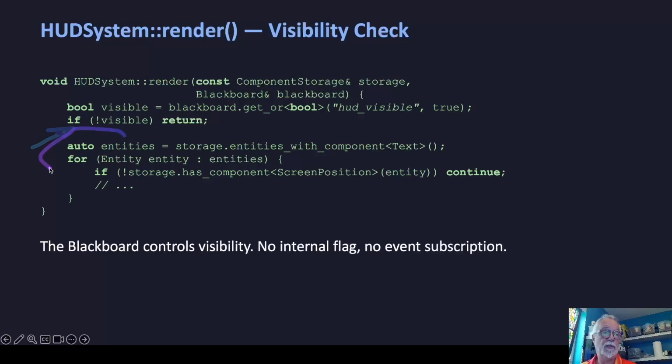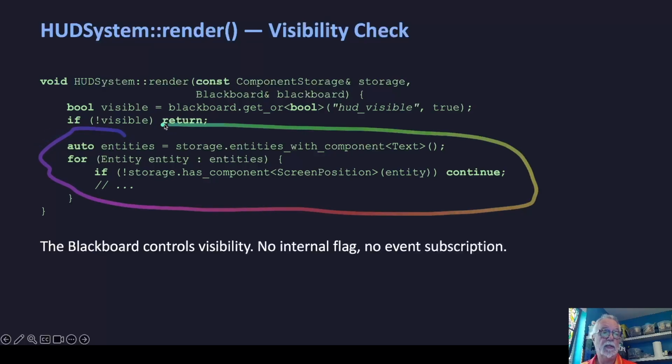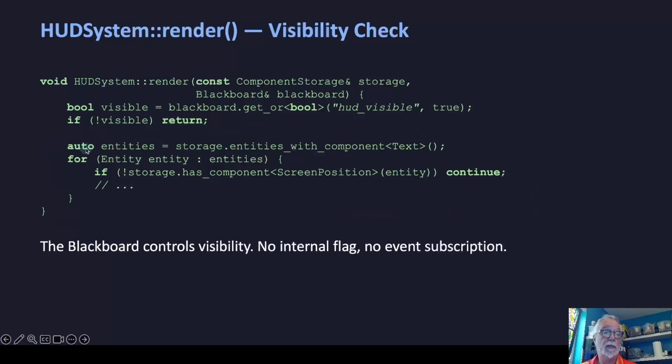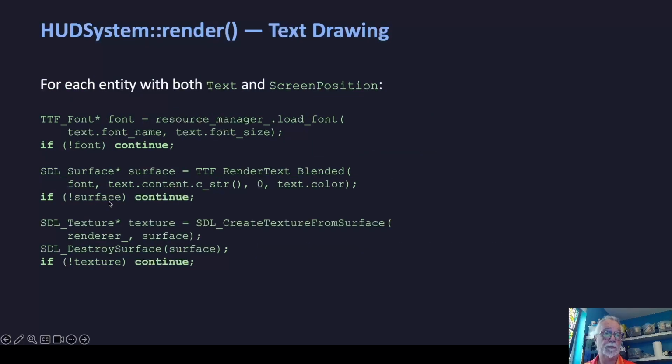So all of these other entities that are part of the HUD, I just skip over them at that point. And then if I am visible, I look for any entities that have text, and then I look to see if that entity has a screen position, and if so, then I go through and do the work that I showed before.